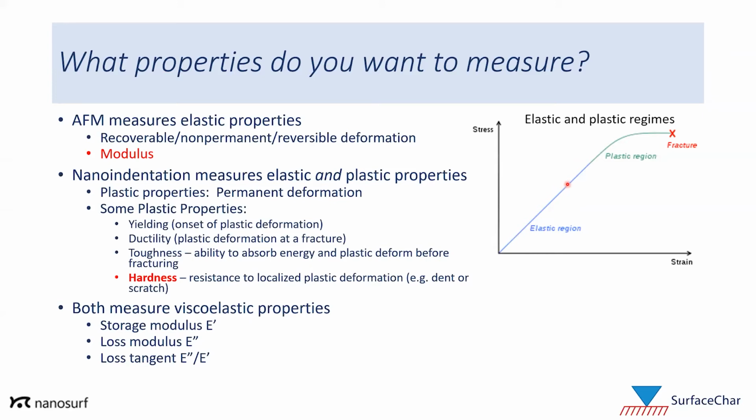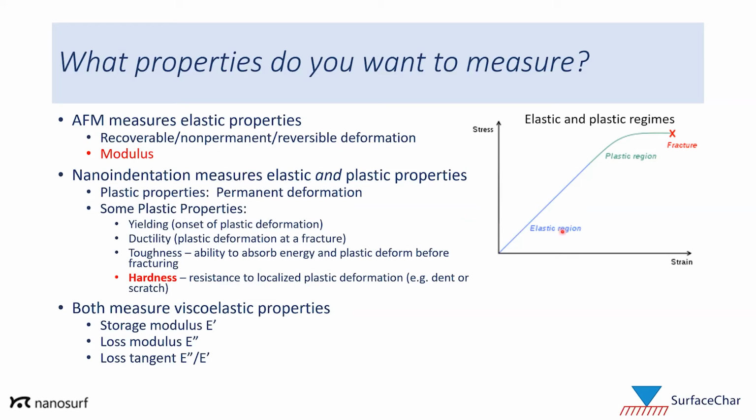That slope or proportionality constant is actually the modulus. As you keep pulling, you enter a nonlinear regime between stress and strain. That's our plastic regime. And then finally, we fracture or break the material. So AFM measures elastic properties in the elastic regime. This is also referred to as recoverable or non-permanent reversible deformation.